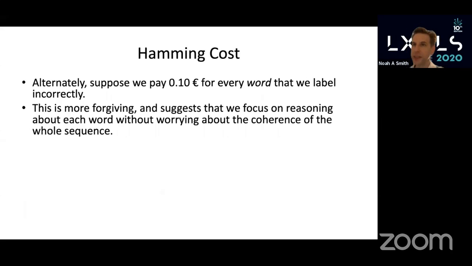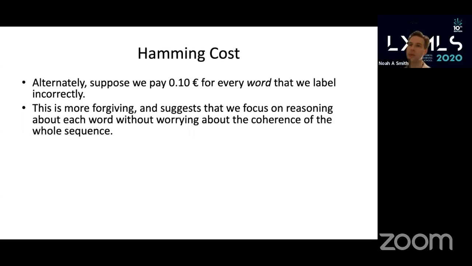But there's a situation that's a little different where you might want to do something else. Suppose that instead of paying €1 if you get anything wrong, you pay a smaller amount, let's say €0.1, for every word that you label incorrectly. This is more fine-grained, more forgiving. A small number of mistakes is better than a large number of mistakes, unlike the previous model where any mistakes are equally bad.